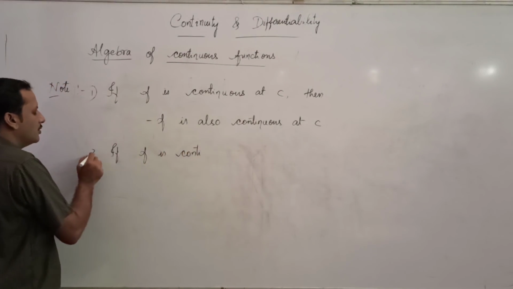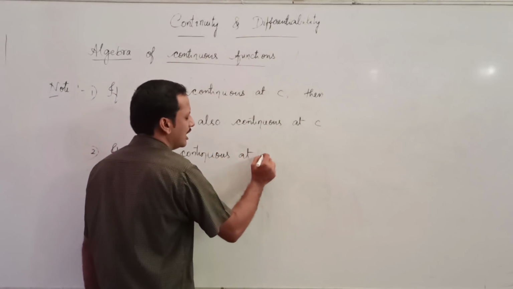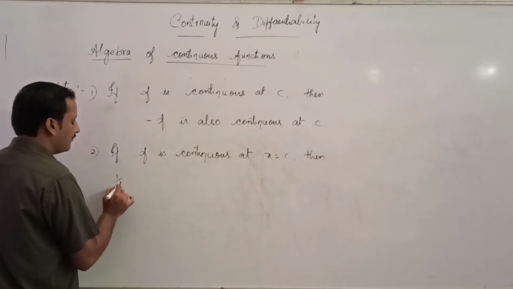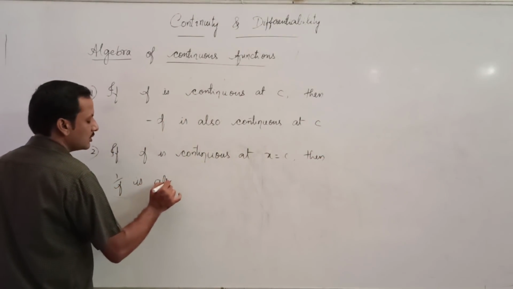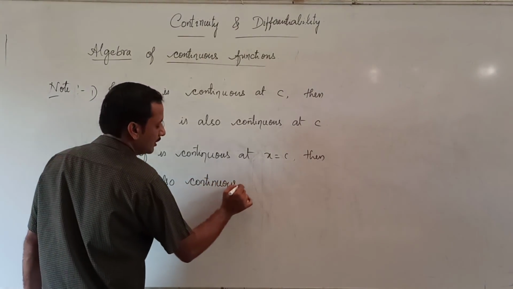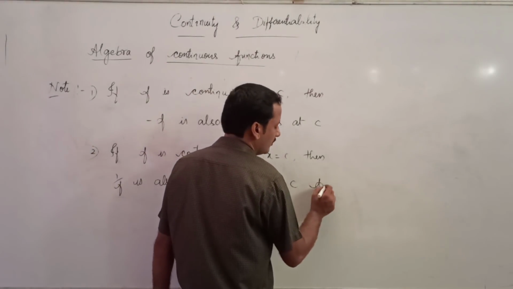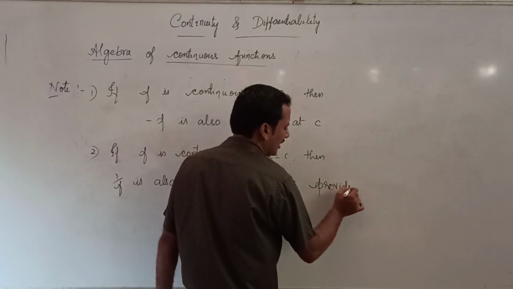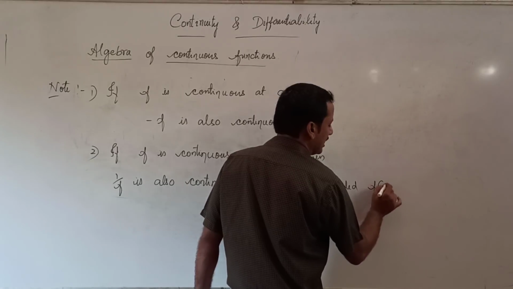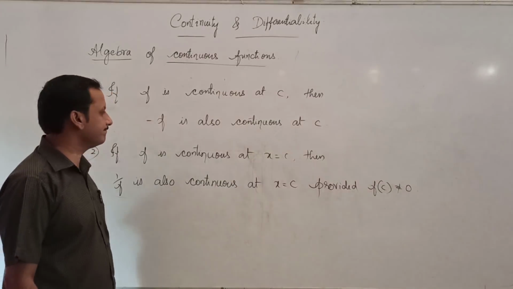I call this the first note and this is the second note. If f is continuous at x equal to c, then 1 by f is also continuous at x equal to c, provided, again the same problem will arise, that the denominator should not be equal to 0, provided f of c is not equal to 0.